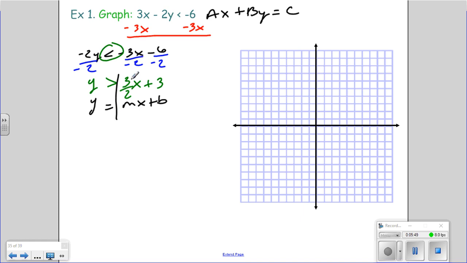So we know that m is 3 over 2. That's our slope. We know that b is equal to 3. That's our y-intercept. So now we can graph our line knowing that information.